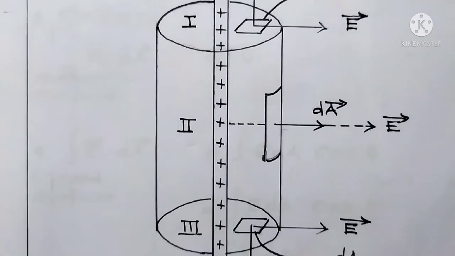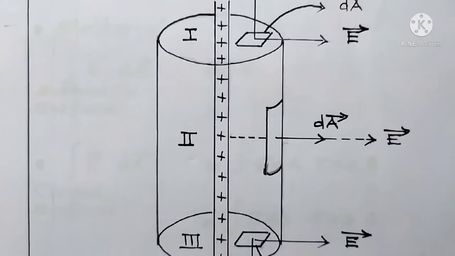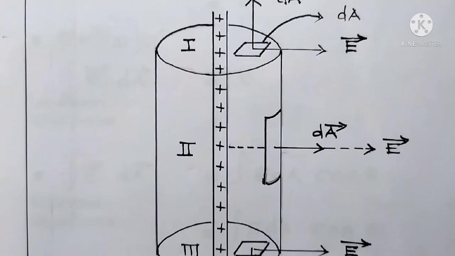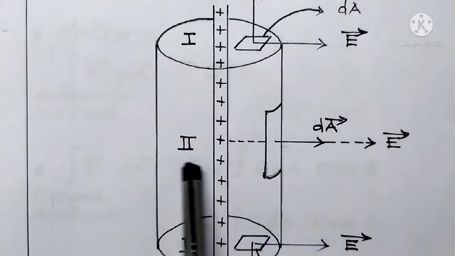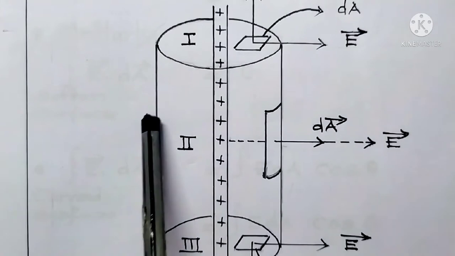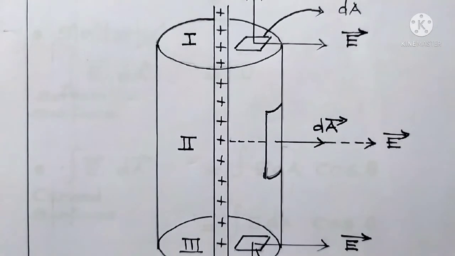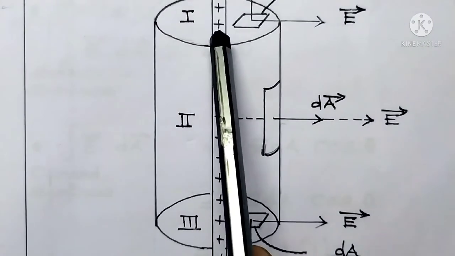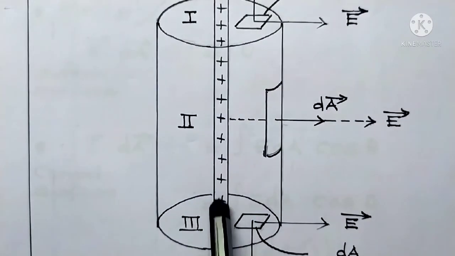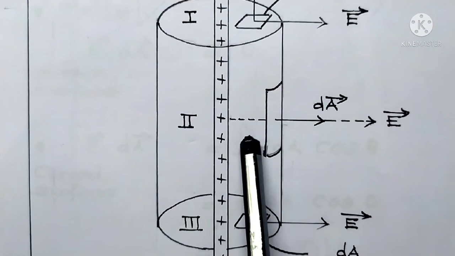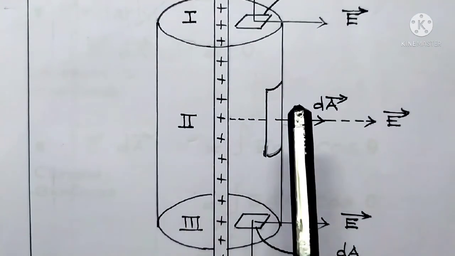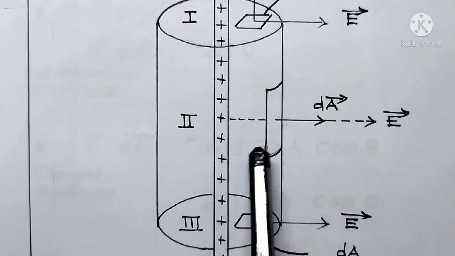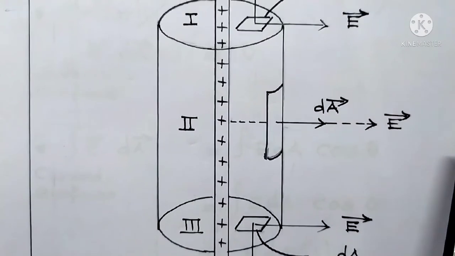Now let us imagine a Gaussian surface around it, which is in the cylindrical form. Now what is the shape of a wire? A wire is in the cylindrical form. So the Gaussian surface which we are going to imagine around it is also in the form of a cylinder.